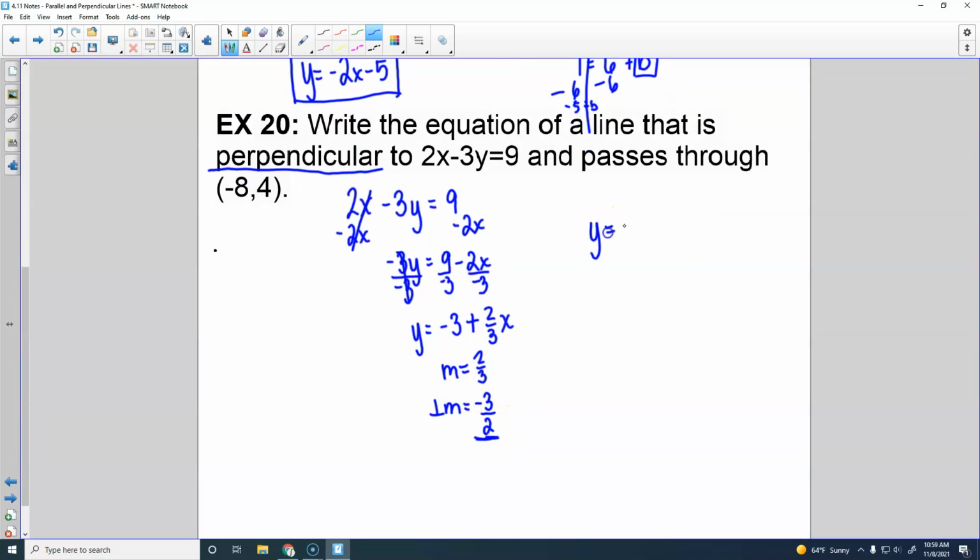So we know y equals negative 3/2 x plus b. And so Zane, we want to plug in the point negative 8, 4. So negative 8 is going to be our x. Our y is going to be 4. So tell me what that's going to look like when I plug it in over here.